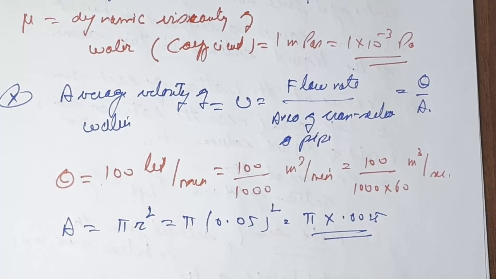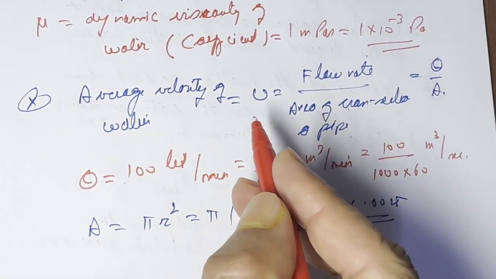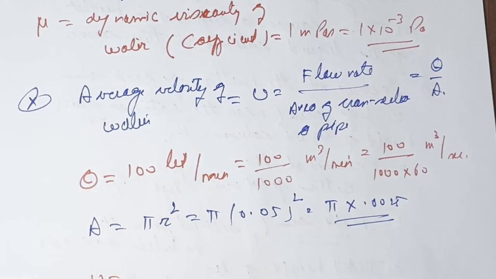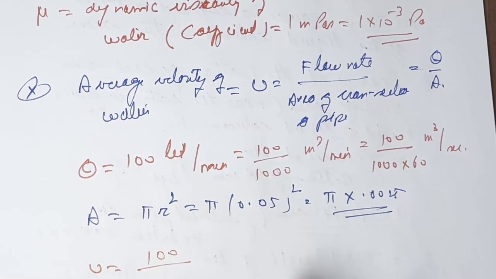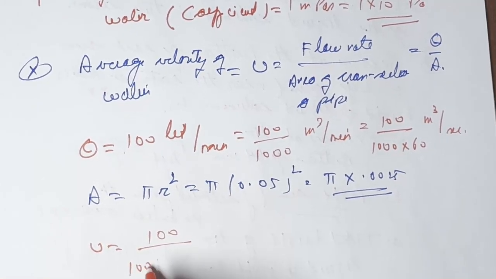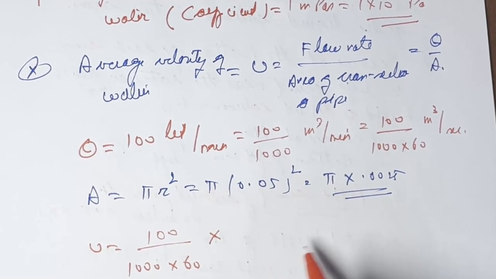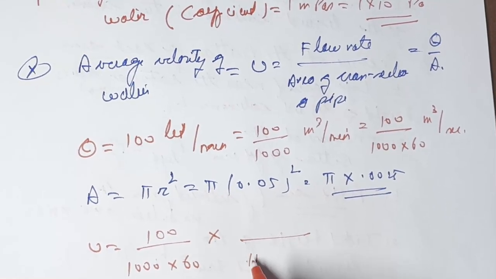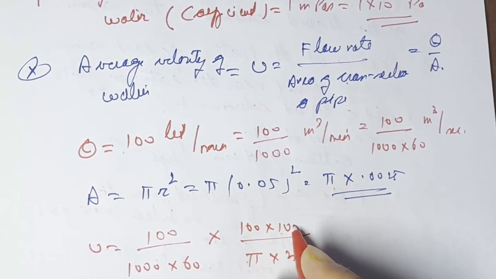Therefore we can write that our average velocity V will be equal to Q. Q is 100 divided by 1000 multiplied by 60, and now we divide it by area, and area is pi multiplied by 25. Removing the decimal, we get this as 100 and this as 100.